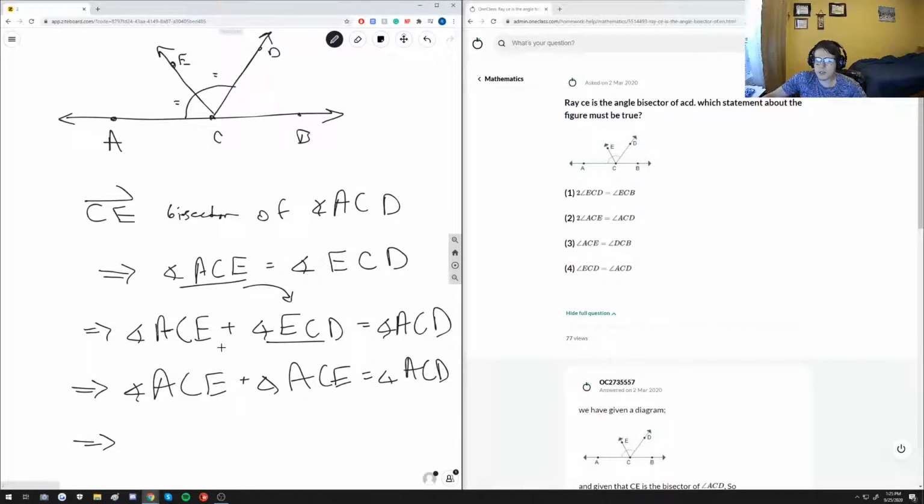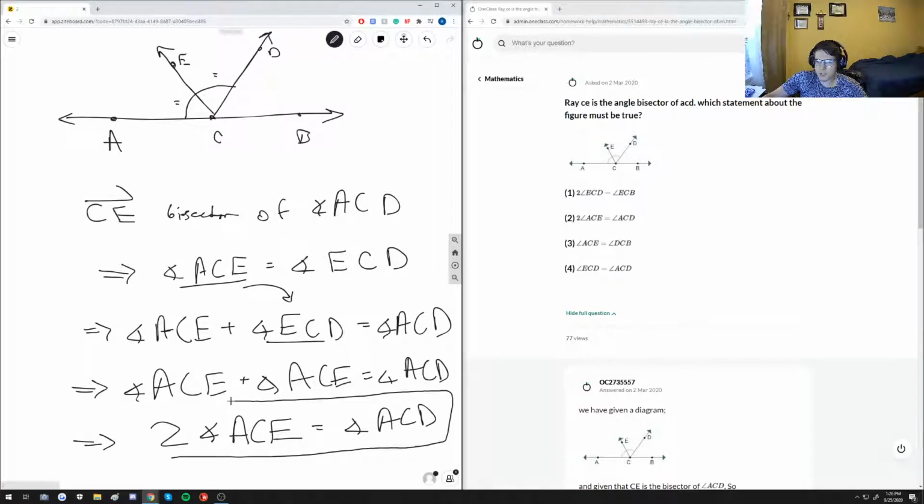Okay? And that means that we have 2 times angle ACE equaling the angle ACD, which is exactly our answer choice B in this case, right? That's just a consequence of an angle bisector.